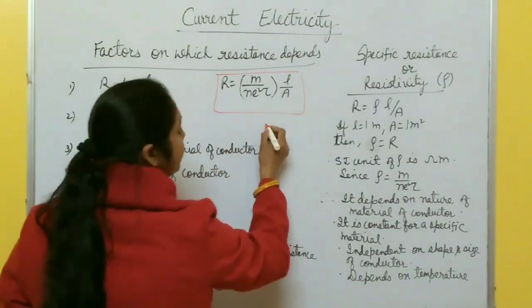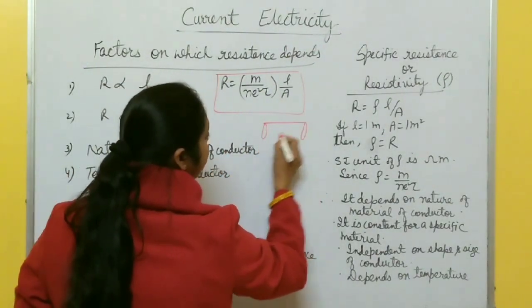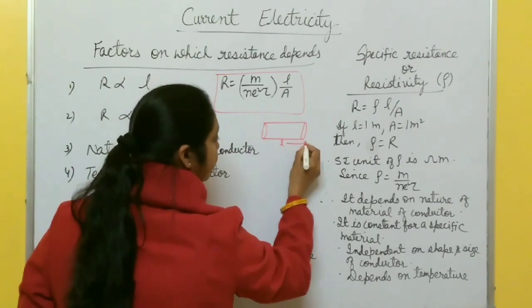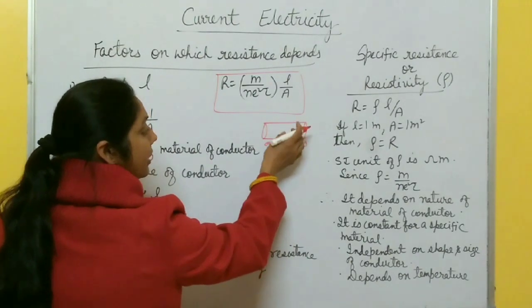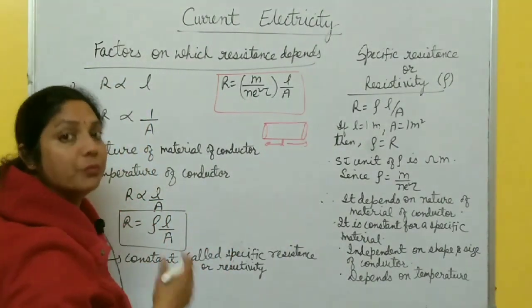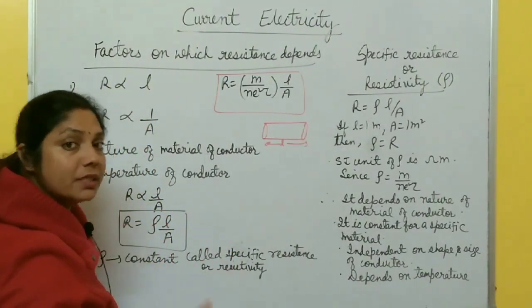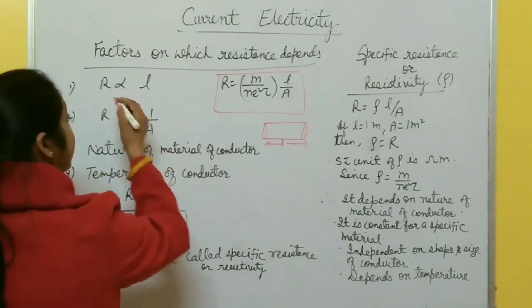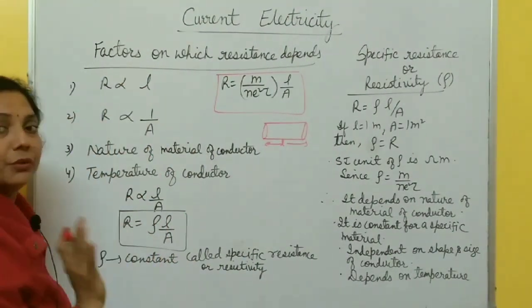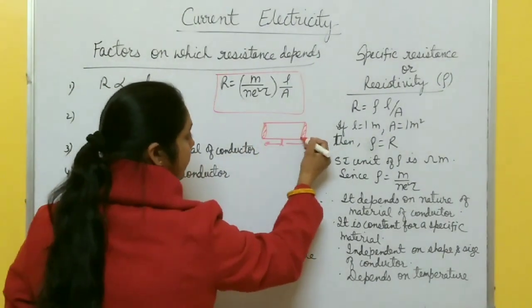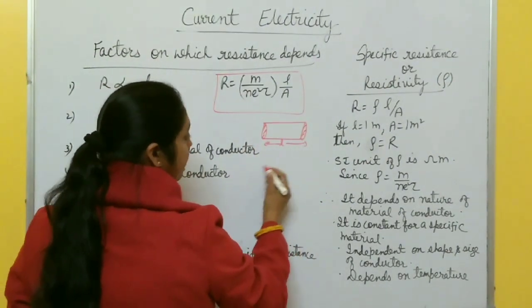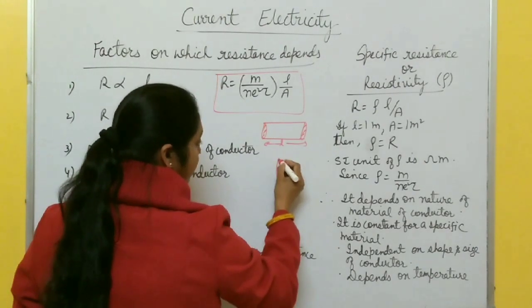Suppose this is a conductor of length L. If the length increases, electrons suffer more collisions, and more collision means more resistance. It means resistance is directly proportional to the length of the conductor. Now, if the area of cross section of this conductor increases, like this one.